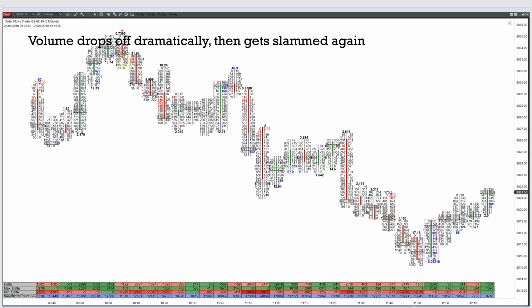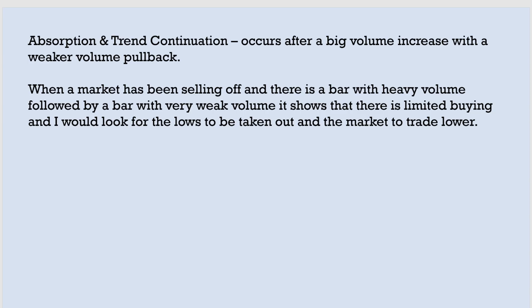Volume drops off, right? You got your heavy volume, it drops off here, rallies back up, heavy volume comes back in, and the market continues in that trend. So when a market's been selling off and there's a bar with heavy volume followed by a bar with weak volume, it shows there's limited buying. I look for the lows to be taken out in the market to trade lower.